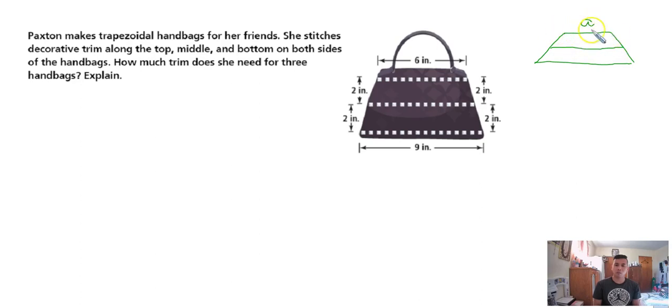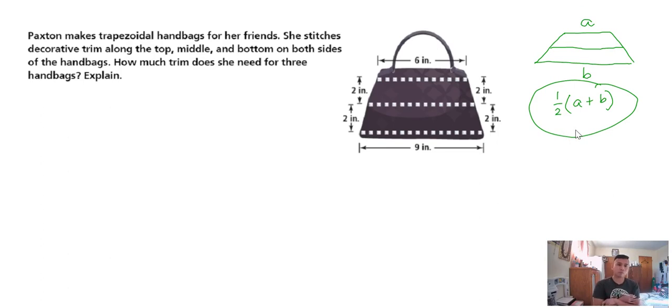Let's say the two bases are A and B. To get your mid-segment, you have to take 1/2 of the sum of the two bases. You add your A and B and then get the half of it. So that is your mid-segment theorem.